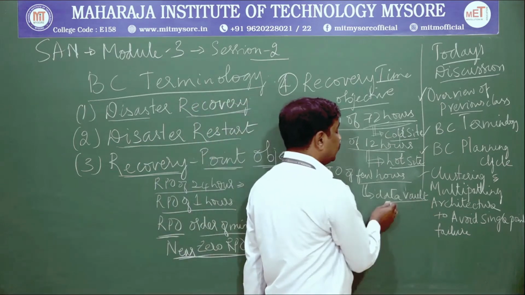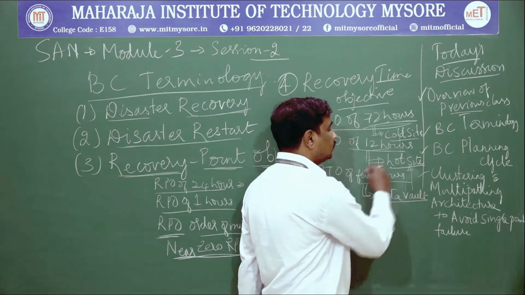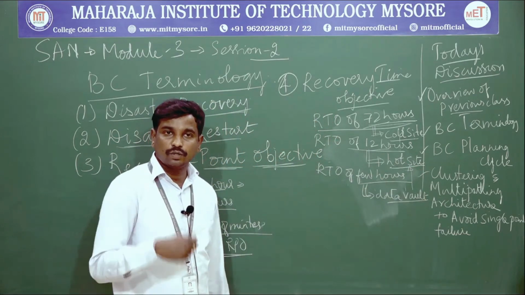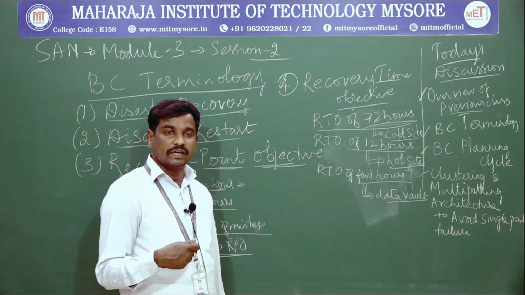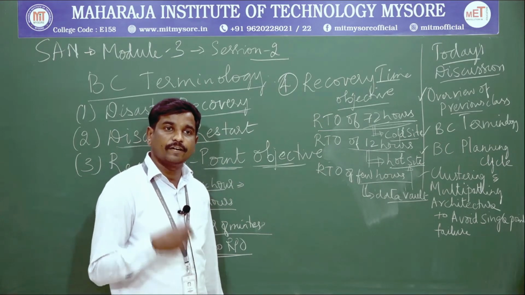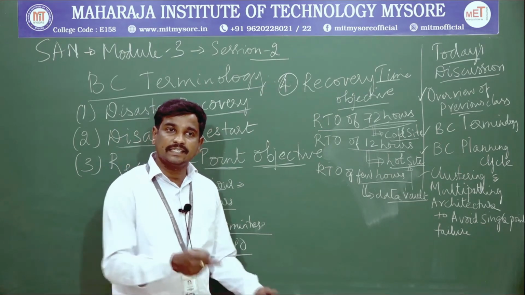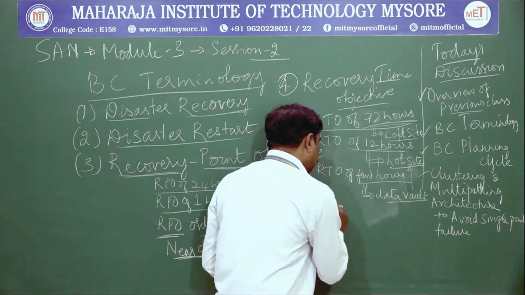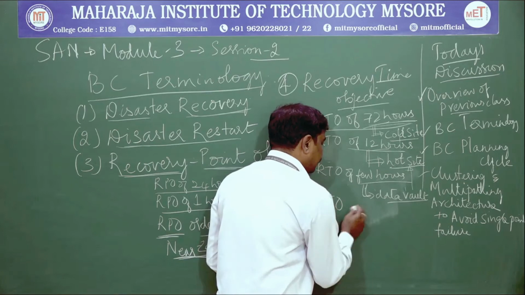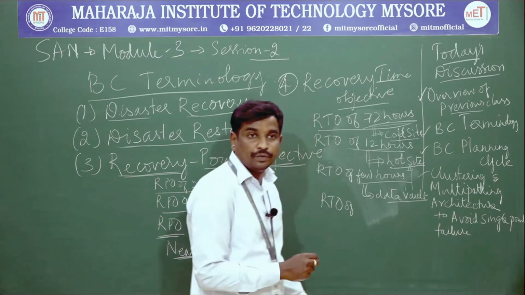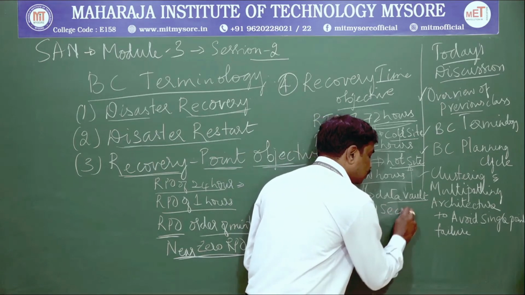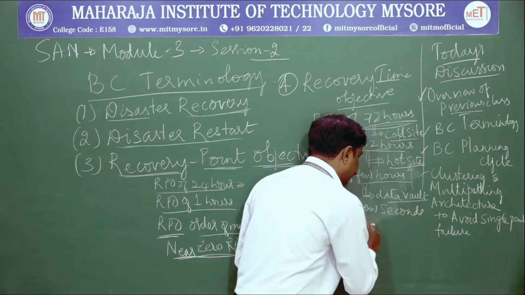This data vault is done through the hot sites. Hot site means restoring the operations we have done every hour, and the data is stored to the hot site. Even a recovery time objective of a few seconds we can do.